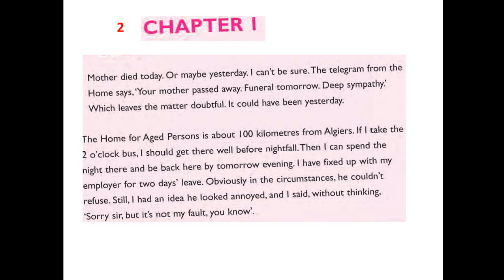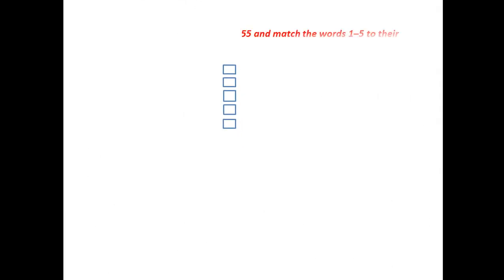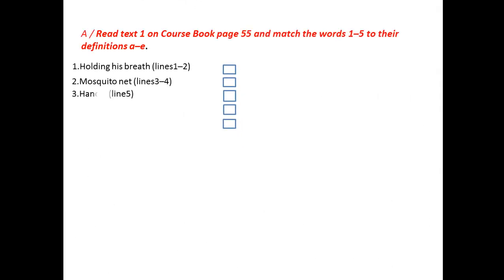So, after you read this chapter, which would Salsabil prefer, which would Musa prefer, and why? Now, after you read, you have an exercise in your workbook, page numbers 31 and 32.